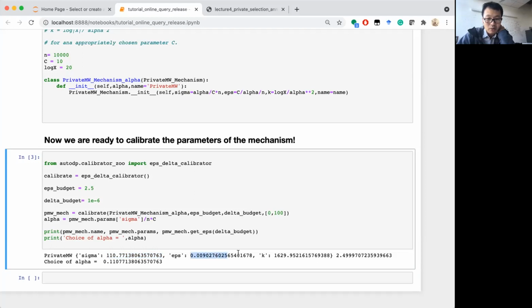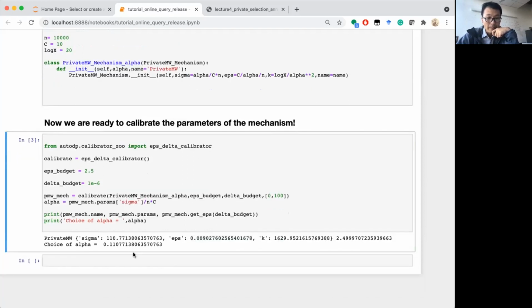And for the epsilon parameter that we use to instantiate the above threshold or sparse vector technique, the choice of it should be about 0.001. Right, so the actual epsilon that you choose is gonna be this multiplied with the sensitivity. Now the actual noise that you add is gonna be this divided by the sensitivity.